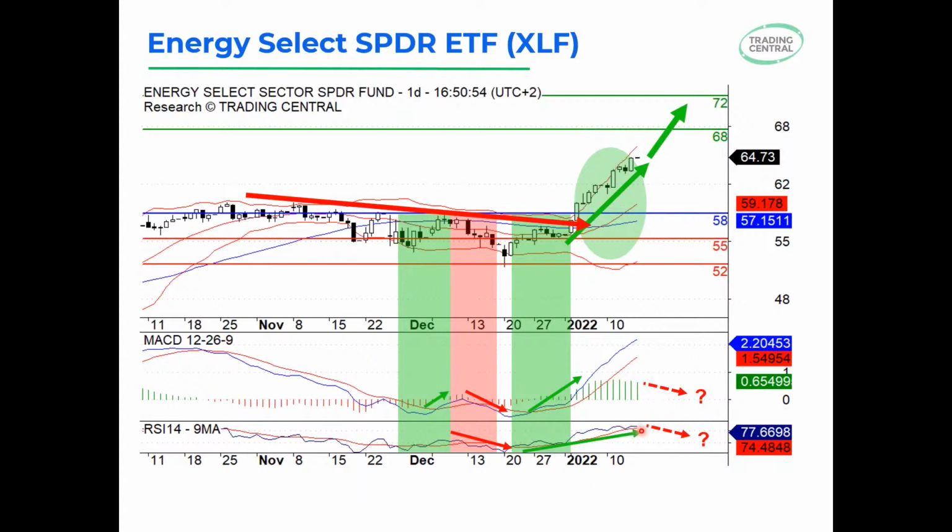And our RSI now is in the overbought region, above 70. If it turns below 70, that will be another kind of signal you have to take into consideration. So you have to be alert all the time, as a trader.